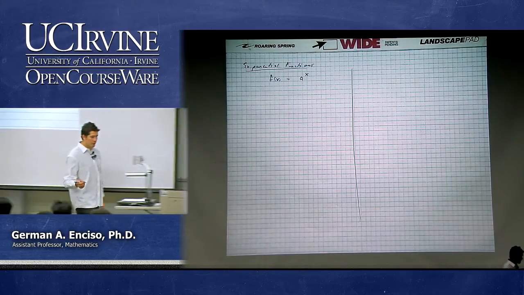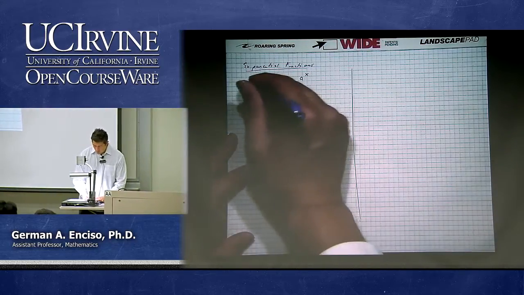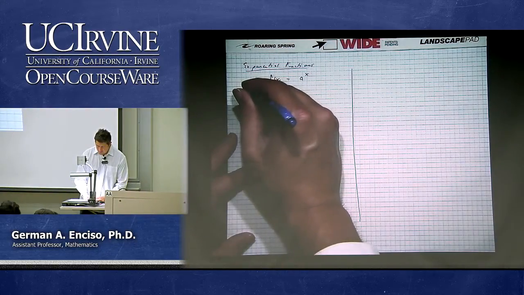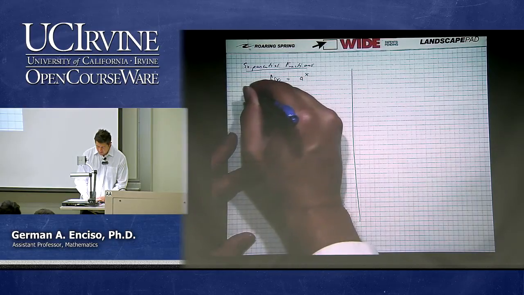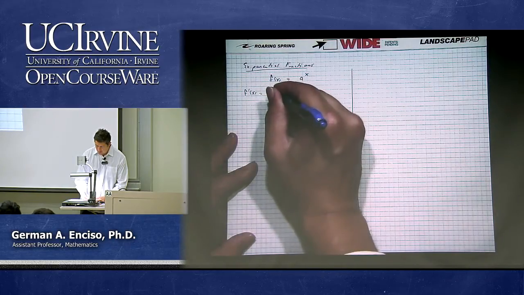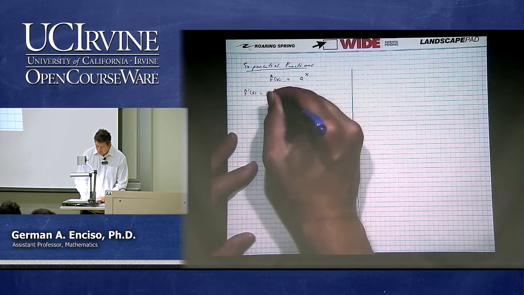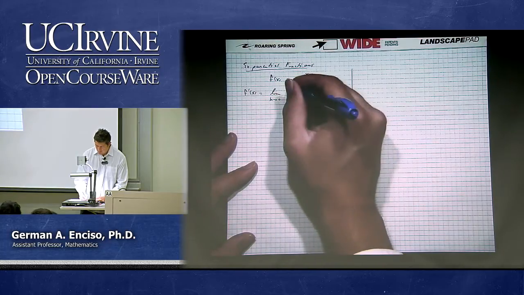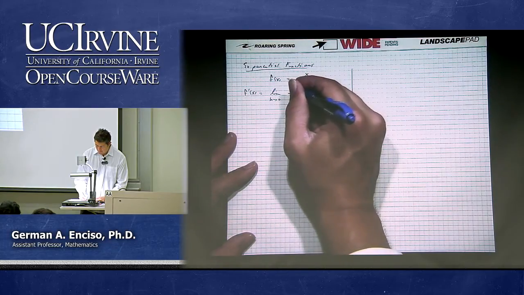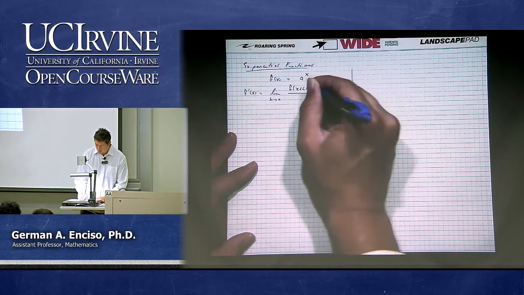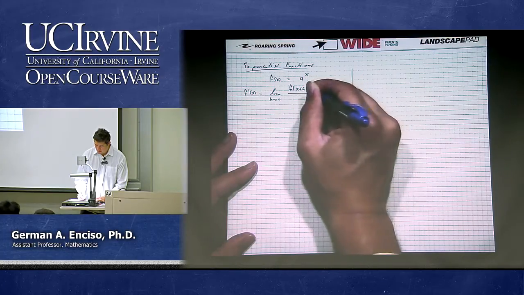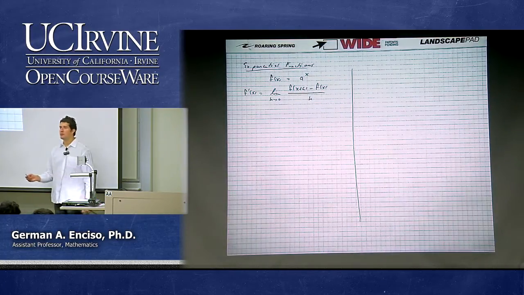Okay, for example, 2 to the x. So let's think about the derivative. The derivative f prime of x is equal to the limit when h tends to 0 of f of x plus h minus f of x divided by h.